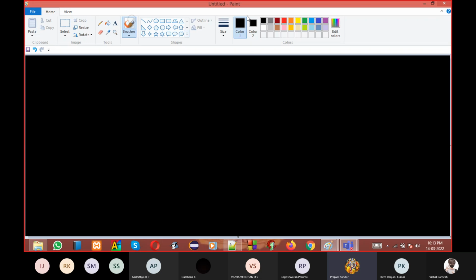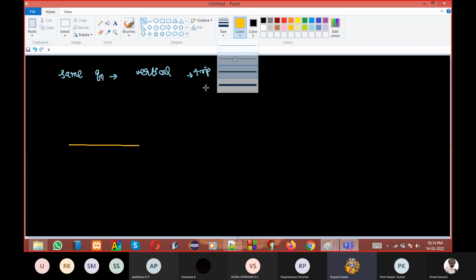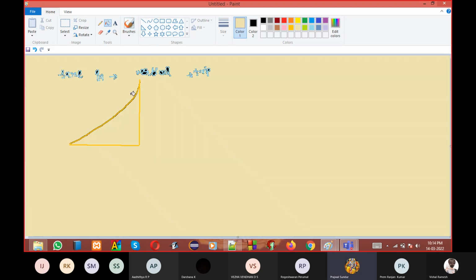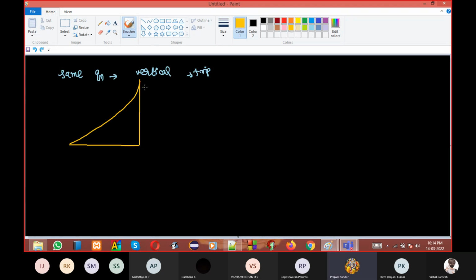Now listen carefully. Same question, but now I am taking a vertical strip. So if we take this region, the region is like this. Now try the vertical strip. I didn't close the diagram properly.